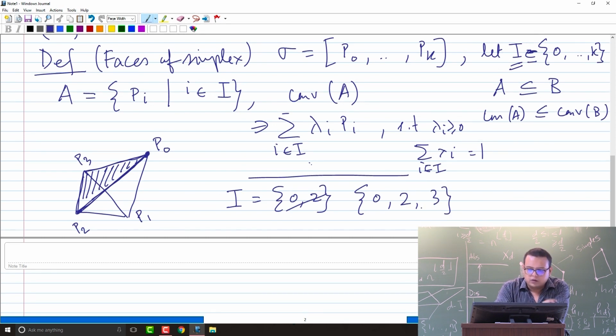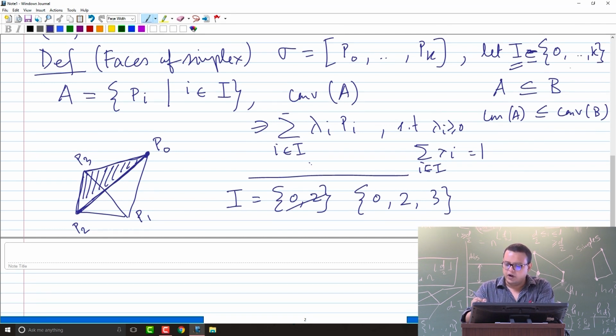Okay. Good. So, how many faces will it have, this convex hull, this simplex sigma? One thing I should have mentioned when I mentioned this index set is that I assume it to be non-empty. A convex hull of an empty set does not make sense to even define.